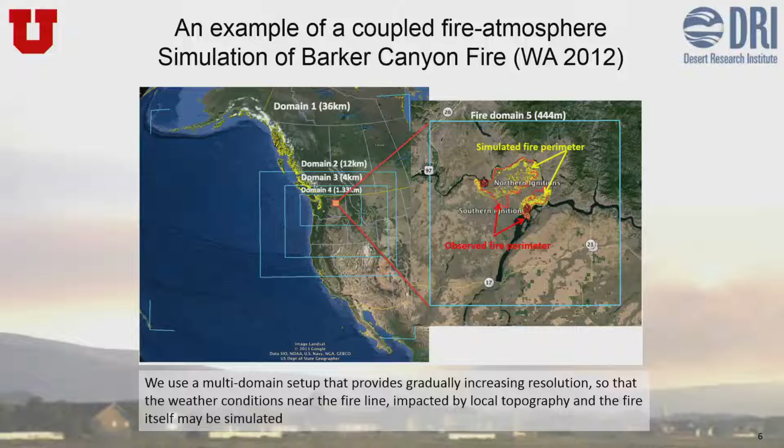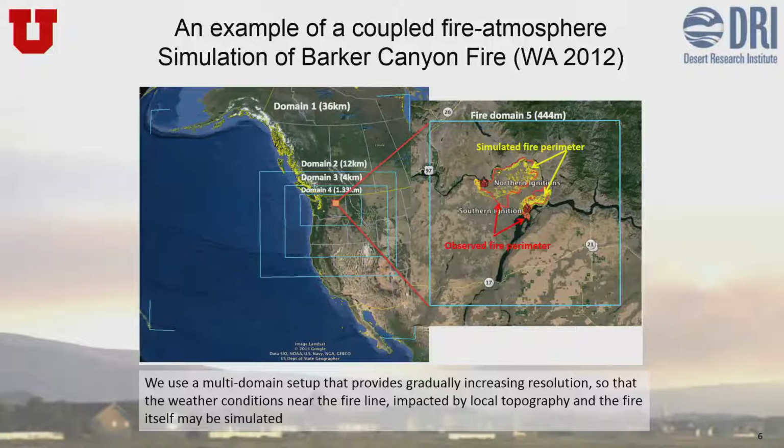In order to be able to perform those simulations, you need really high resolution, and you cannot really do that just going from a super coarse picture of weather conditions down to 100-meter resolution. So the way we do that is we build a set of nested domains, and we start from something capturing general meteorology and synoptic conditions, and then we gradually zoom in over our area of interest, just zooming over the region of interest.